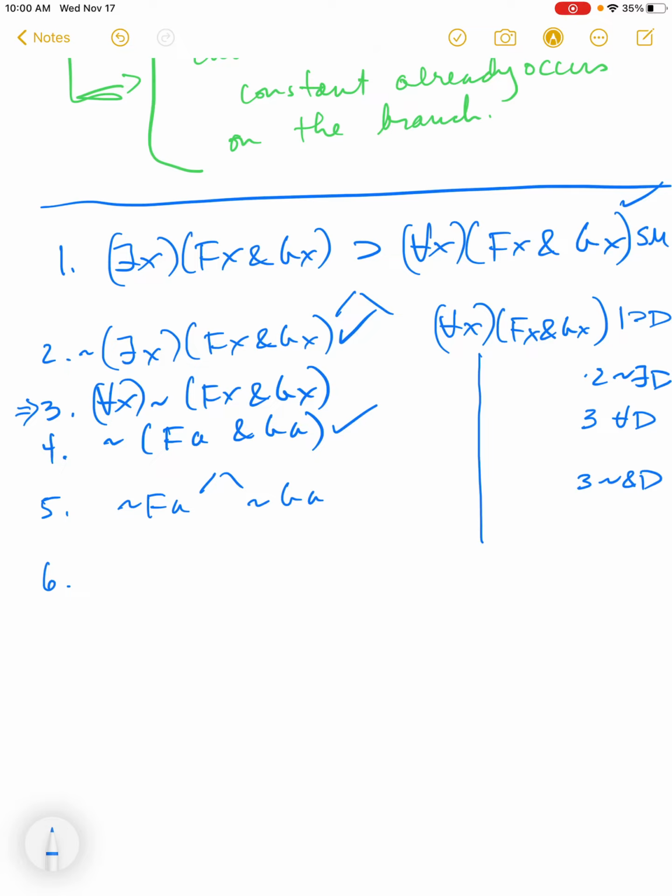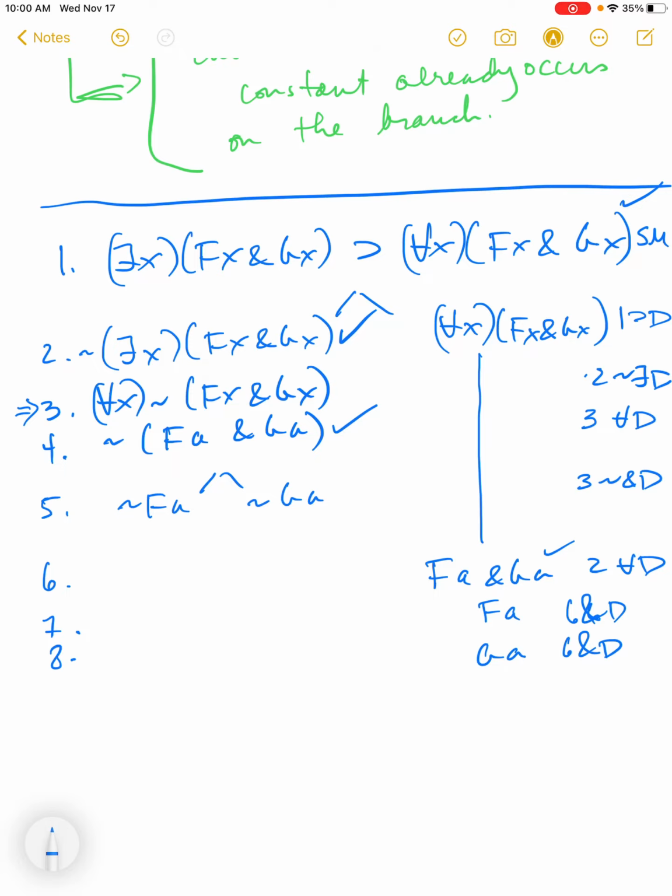So when I apply universal decomposition on the right-hand side, I'm just going to use the alphabetically first thing that's available, which is A, and I'm going to get FA and GA, and I get that from line number 2 by universal decomposition. I don't check it. And then I have FA and GA, which I get by applying conjunction decomposition to line number 6.